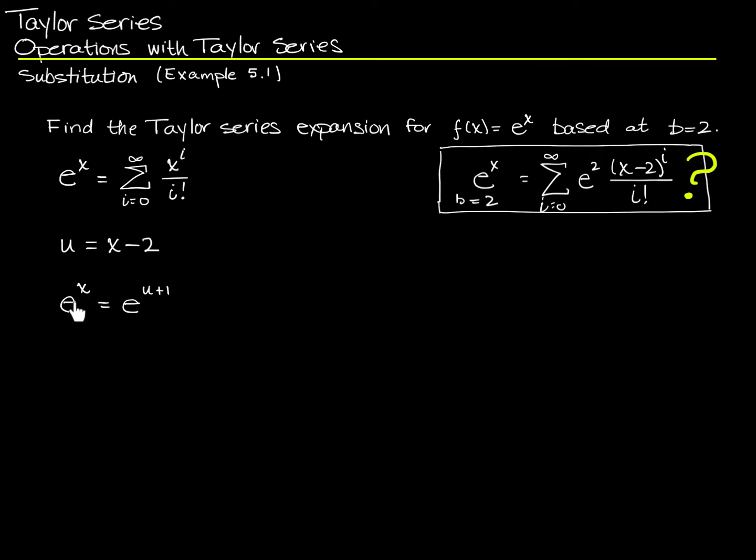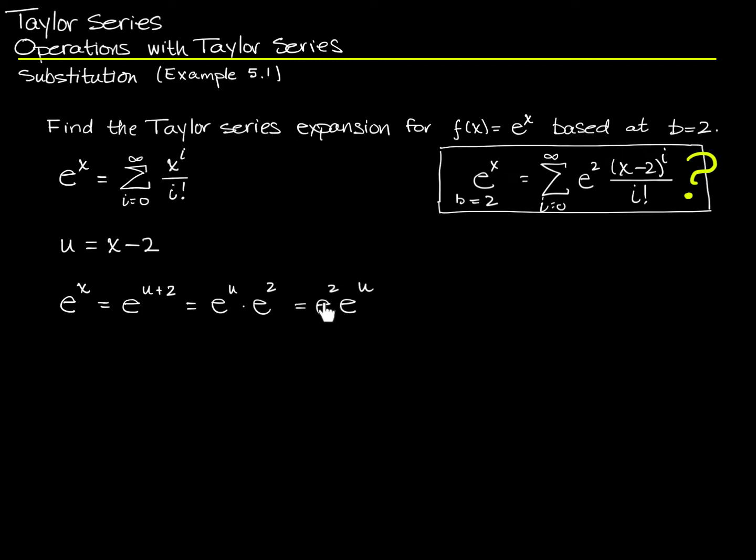So e to the x can be thought of as, I wrote 1 there. Why did I write 1? e to the u plus 2. There we go. That's e to the u times e to the 2, or e to the 2 times e to the u.